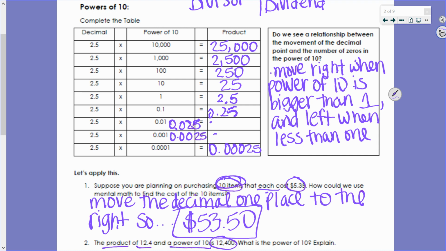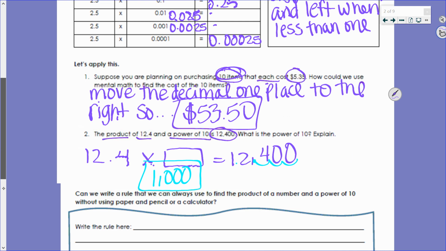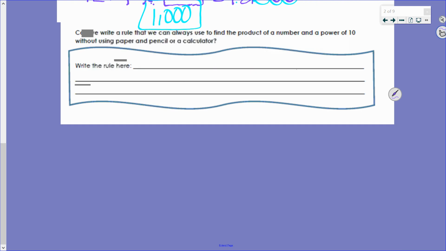There's 4. Okay, so because there were 4 zeros, I had to move my decimal place 4 times. That's perfect. Okay, so let's generalize this power of 10 rule by saying this. You count the number of zeros in the power of 10. So count the number of zeros.